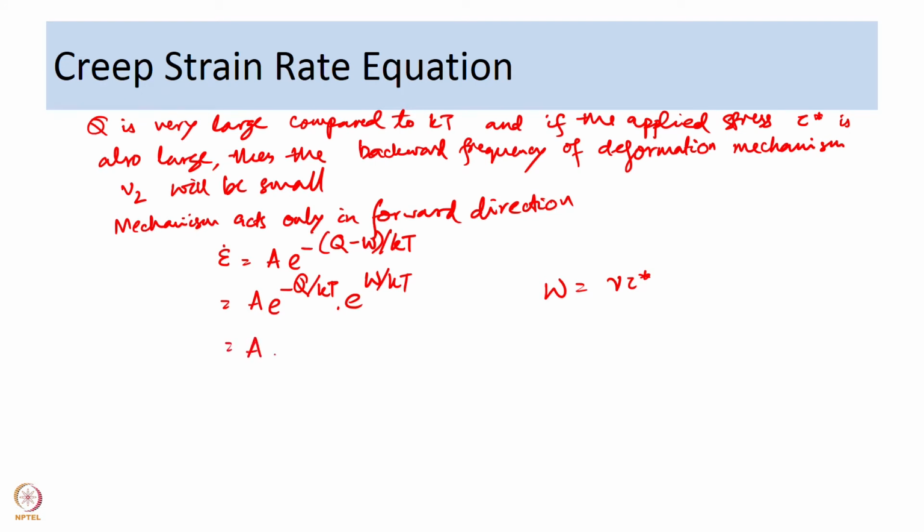So, that makes it A e to the power minus Q over kT into e to the power V tau star over kT. This is another form of the equation, strain rate as a function of temperature and tau star. It describes the dependence of strain rate of deformation on temperature and stress.